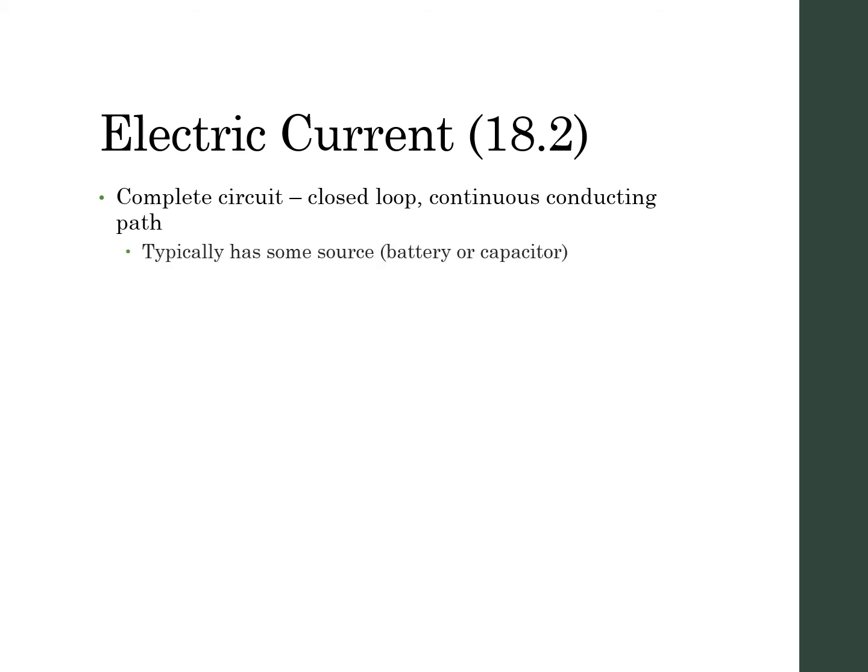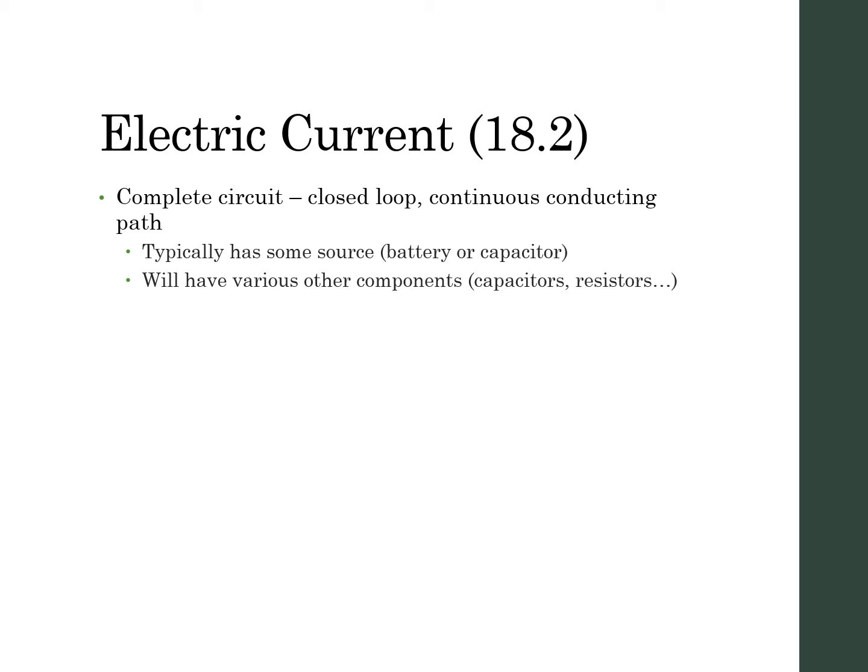So typically in the circuits that we are going to be dealing with, we have some type of source. We are primarily going to be looking at battery sources. However, in a couple of cases, we will be looking at a capacitor source. So we have some sort of source for our charge. And we can have a couple different types of components.